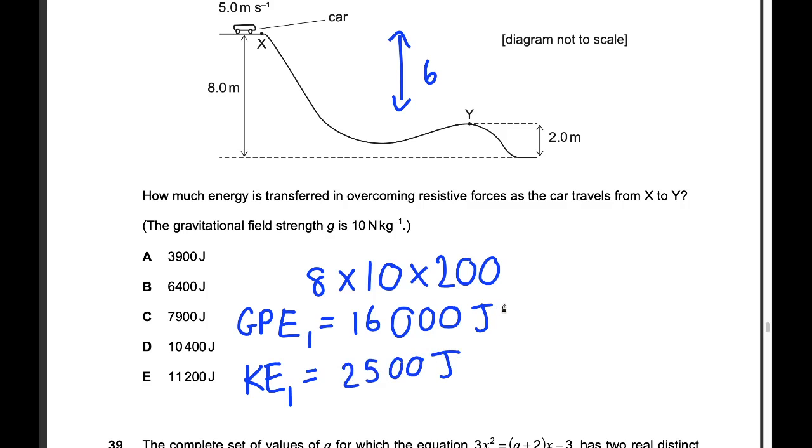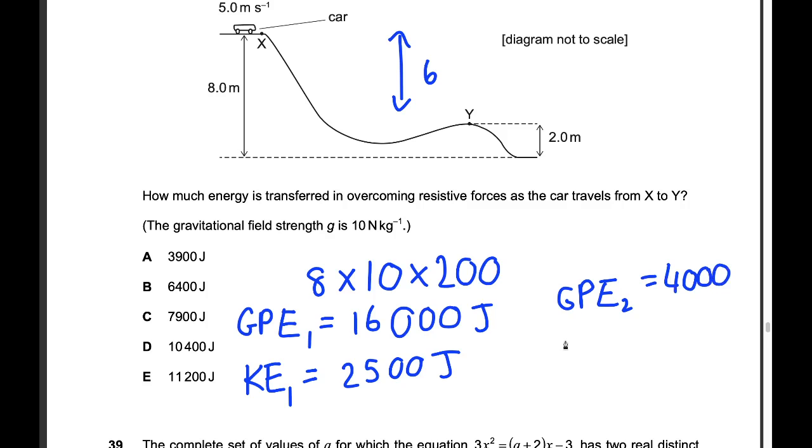Okay, so at the end, the GPE is going to be actually a quarter of what it was at the start. The height is quartered, so I can just use that if I like. So GPE2 is going to be a quarter of 16,000 is just 4,000.